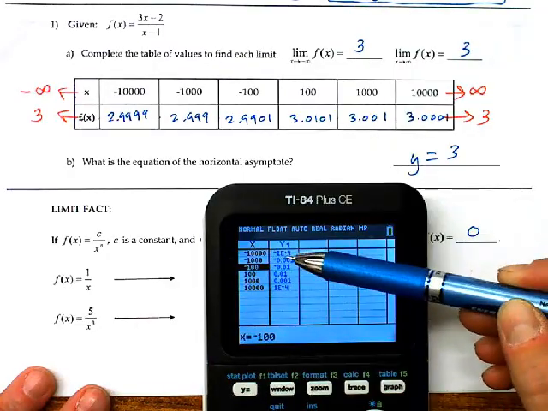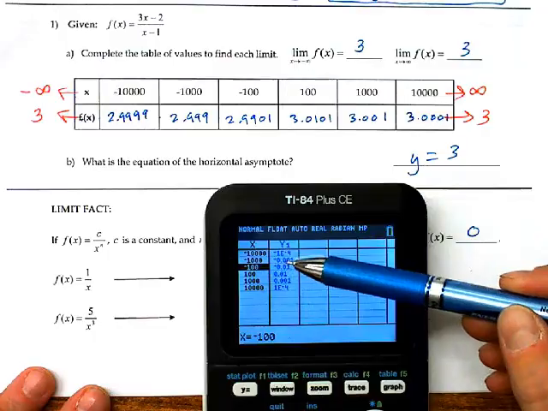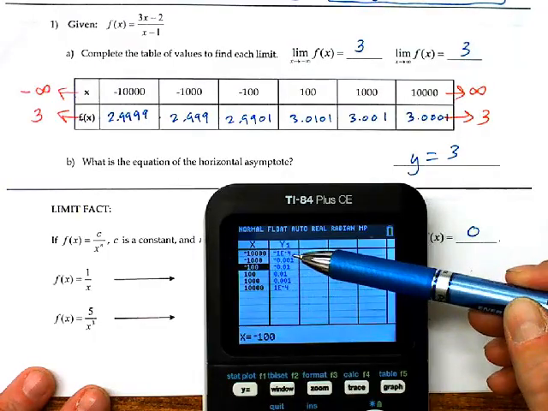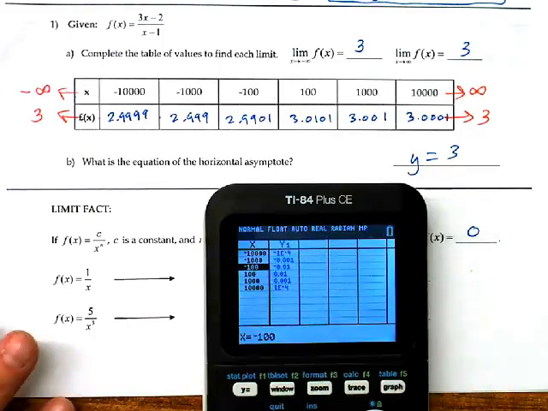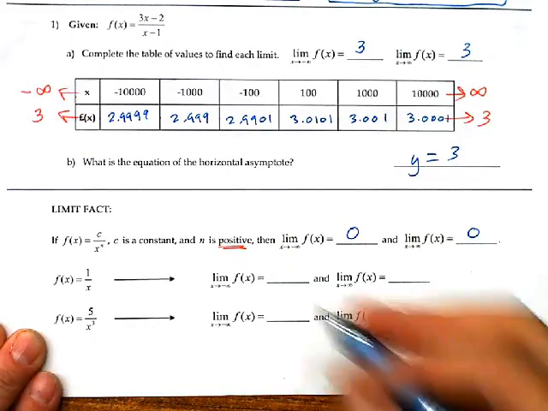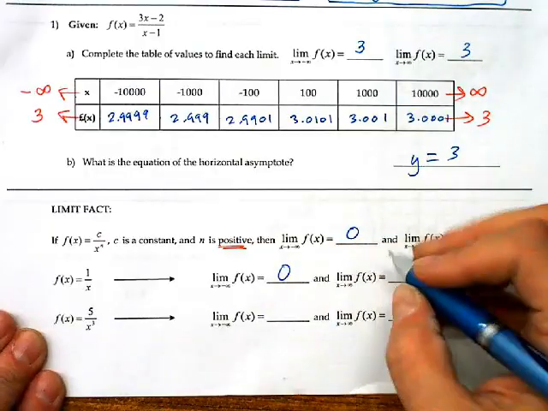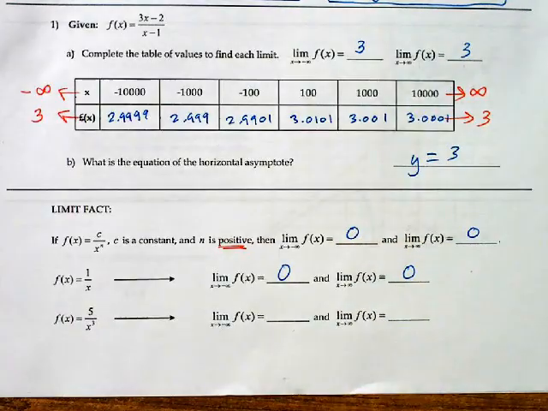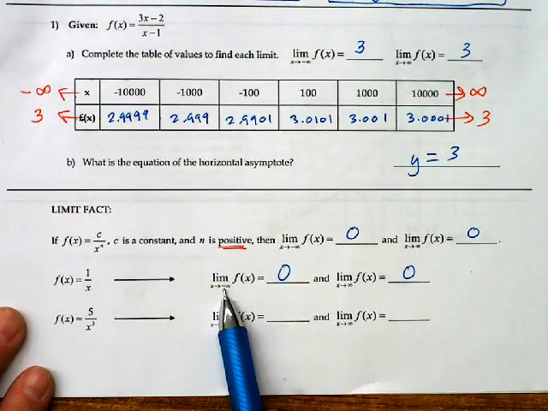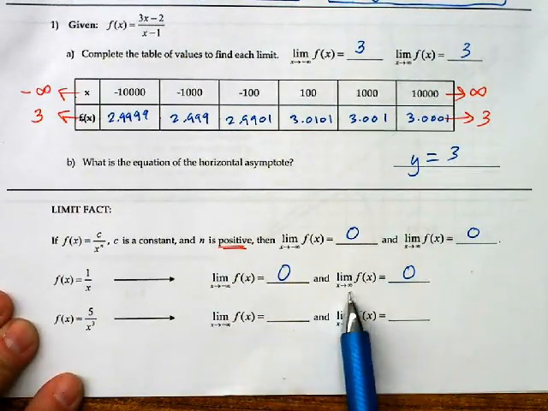Think about what that capital E means, -1 times 10 to the -4th. That is so tiny of a number. It is very close to 0. And we should then conclude, yes, officially, mathematically, the y values get closer to 0 as x gets rather big and negative or big and positive.